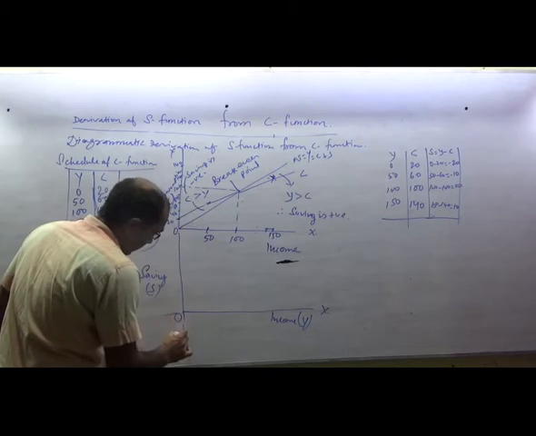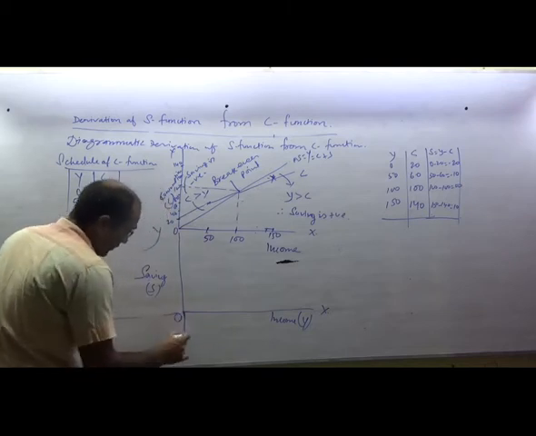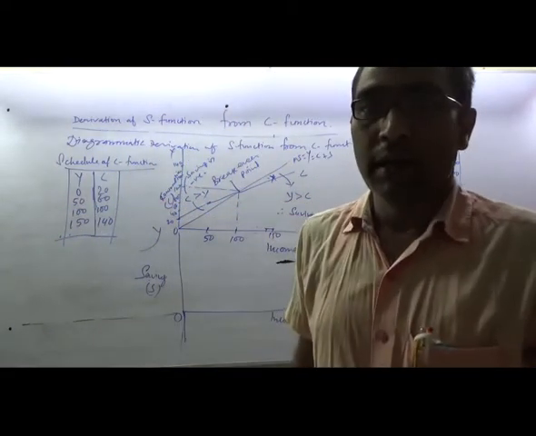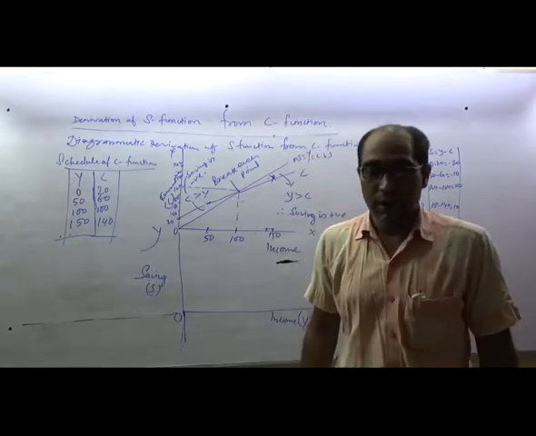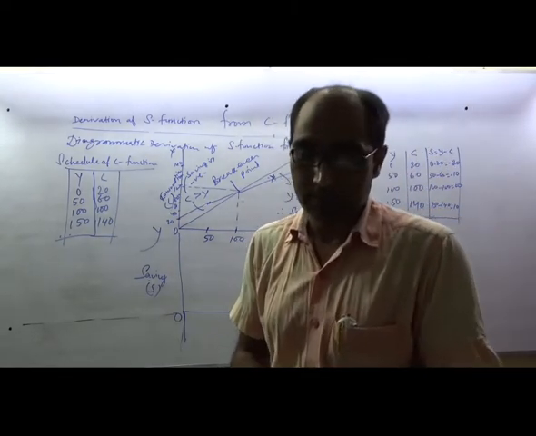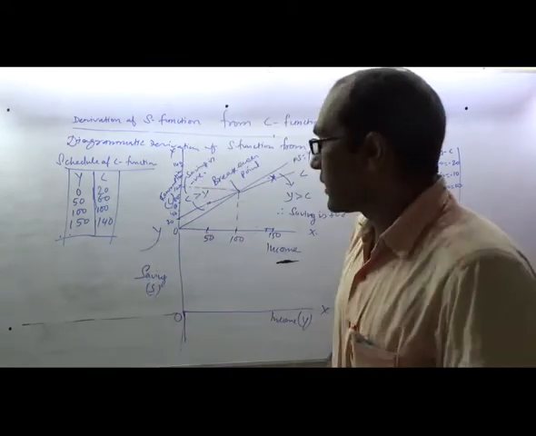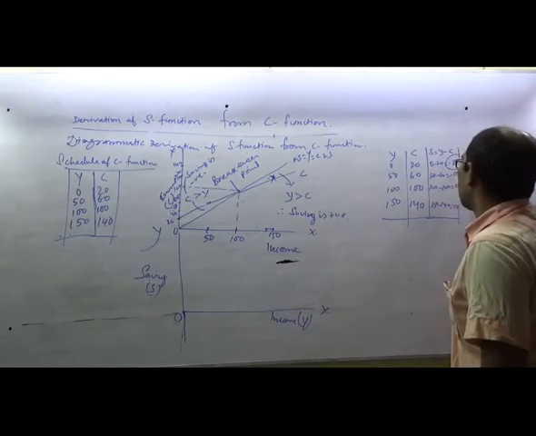From the saving we have to take the negative part also, because saving started from a negative value along with y-axis. So, see the derivation. What we got is the value of minus 20.